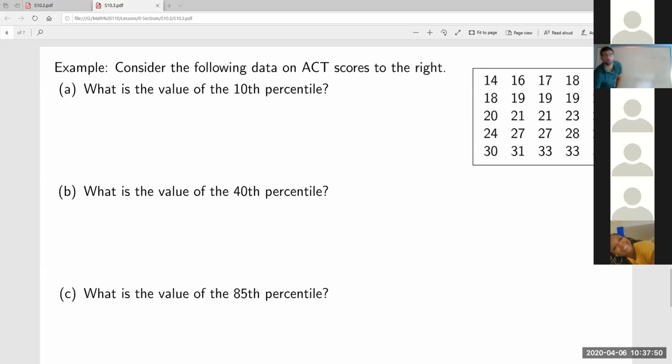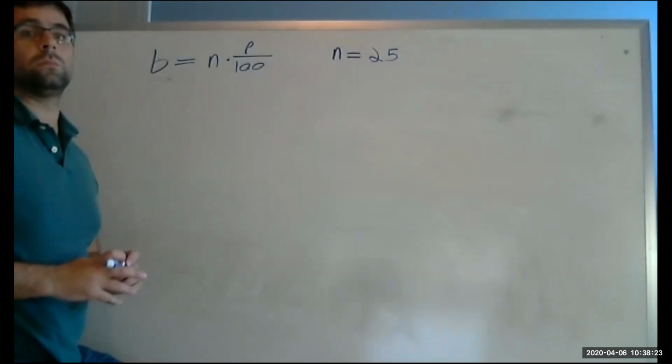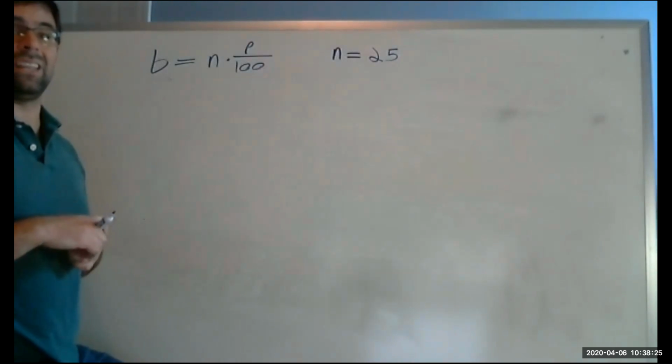Okay, so if we take our equation, B equals N times P over 100. So N is the number of items in the list, and you just said it's 25. And what percentile do we want to know about? We said, what is the value of the 10th percentile?